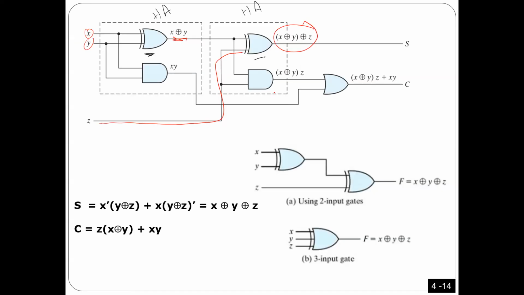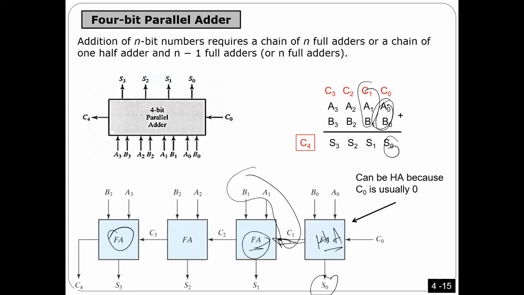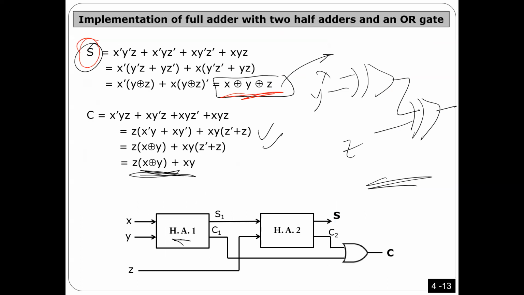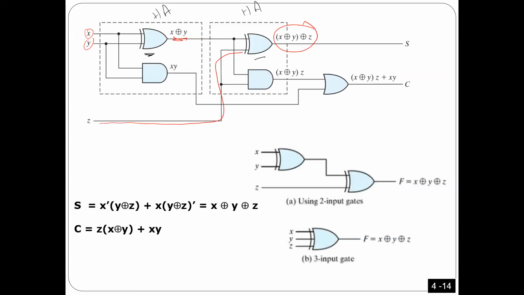So what I did here was use the XOR inside the half adder, and the other XOR inside the other half adder, to create the summation of the full adder. Is that okay? Let's come to the second one, the carry. This is the carry, as you see here. The carry has to be this way. So in the carry I need XOR of X and Y, and I already have this one here.